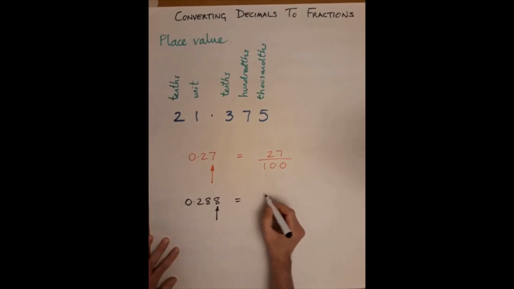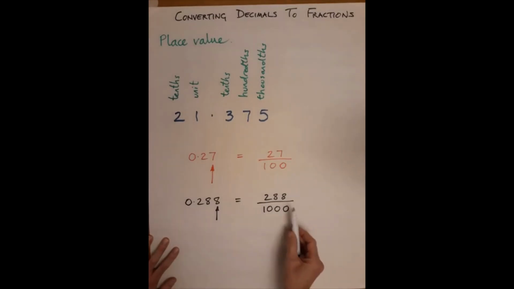So our number could be written as 288 over 1000. So that is okay. However, this will simplify down. We can find a number that will divide into the top line and into the bottom line, and we cancel it until we make it smaller and smaller until it won't go any further.